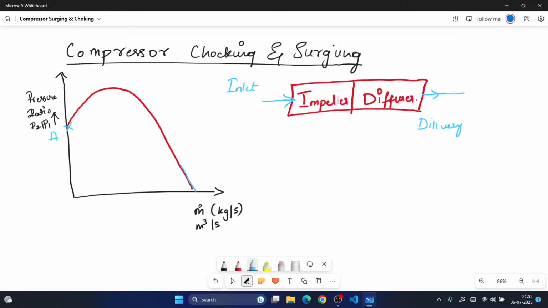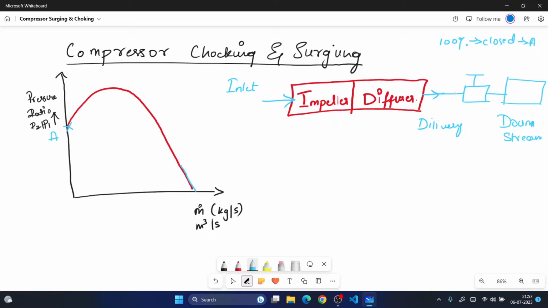Say I have a valve over here, downstream of the compressor. Initially I am keeping it 100% closed. That is point A; I am operating at point A.